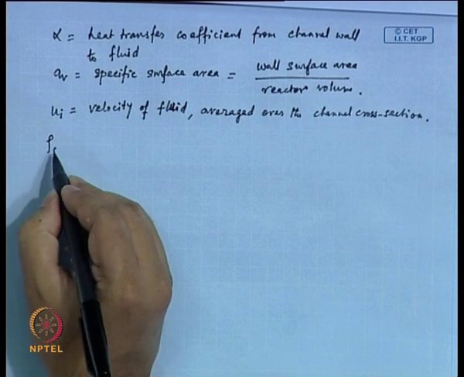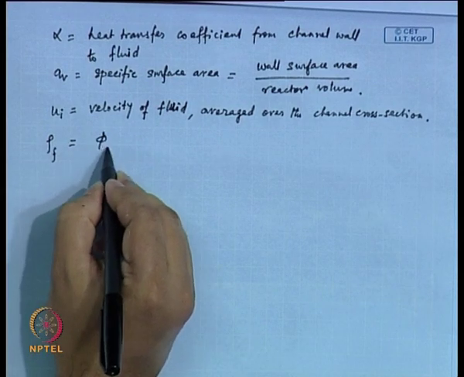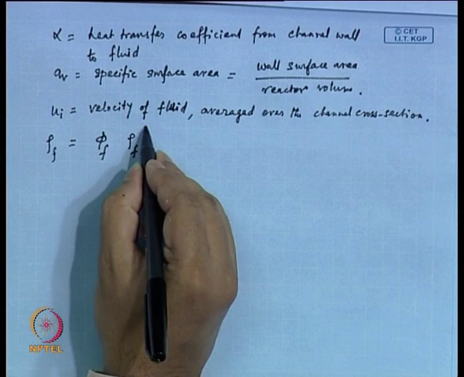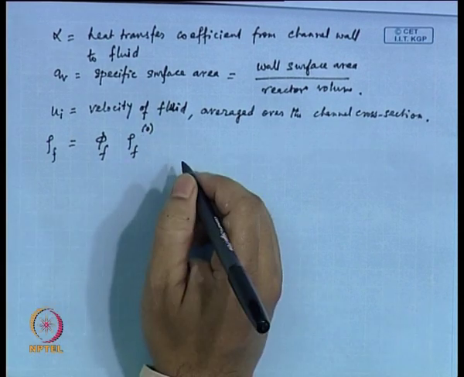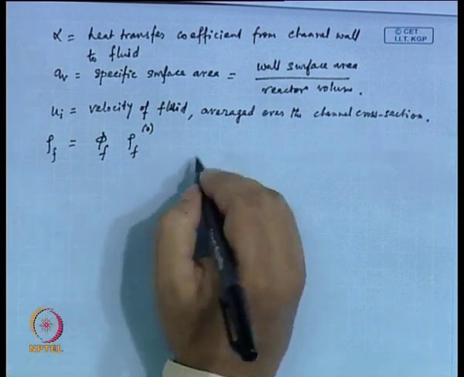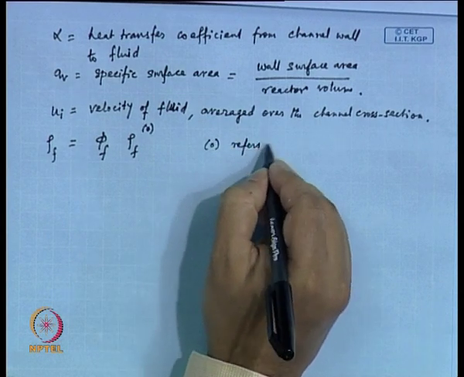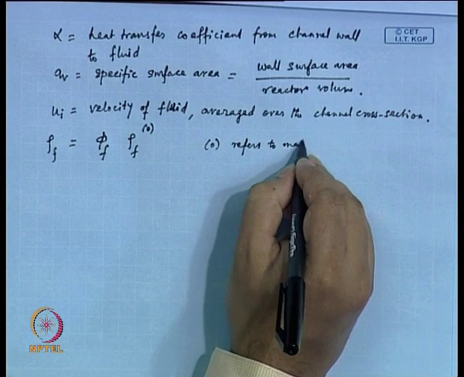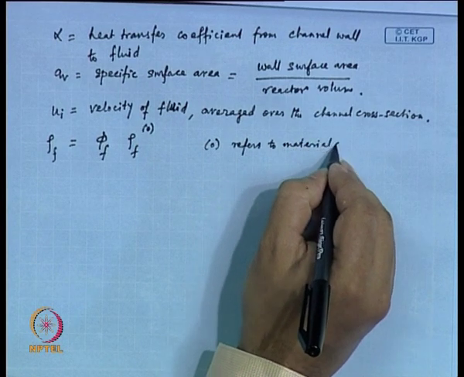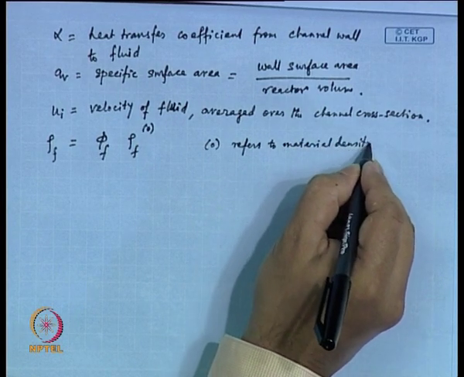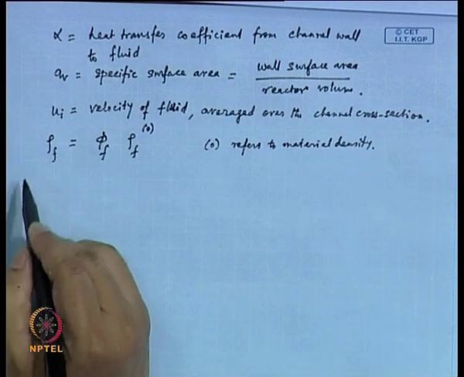Here rho f is equal to phi f into rho f 0. Rho f 0, this subscript 0, refers to material densities, because we are talking about a rho f.